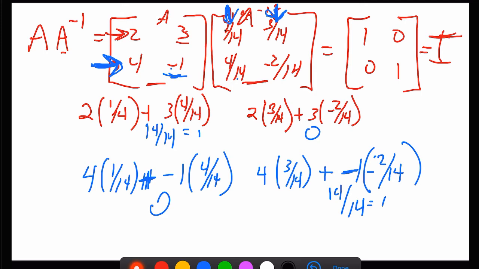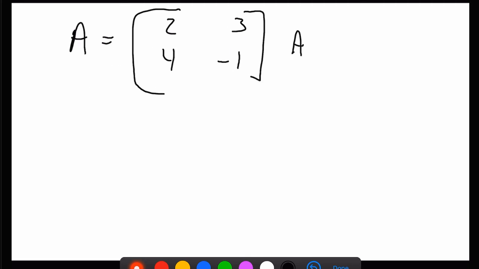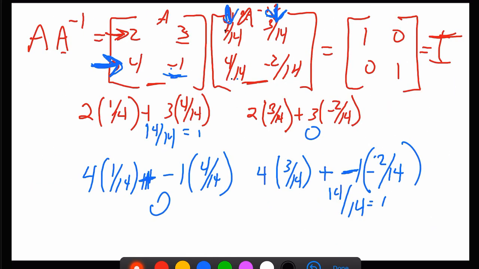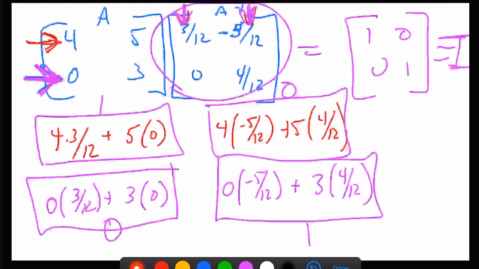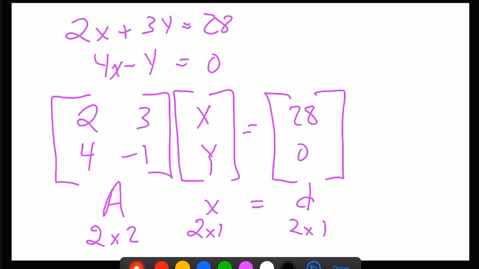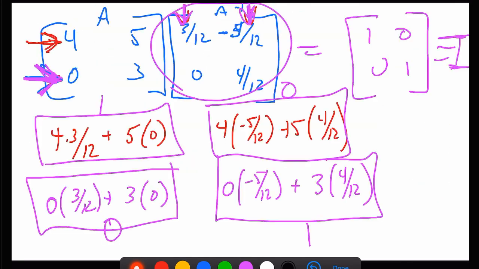And it's 1/14, 3/14, 4/14, and minus 2/14. So A inverse is plus 1/14. Go back. I'm already messing you guys up. 1, 3, 4, minus 2. Okay? So it's 1, 3, 4, minus 2 over 14. Right?